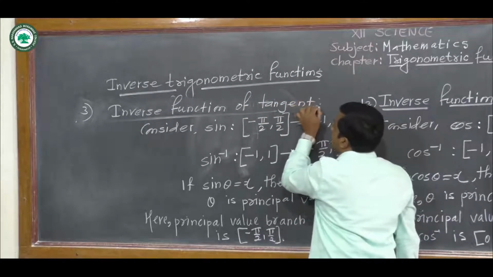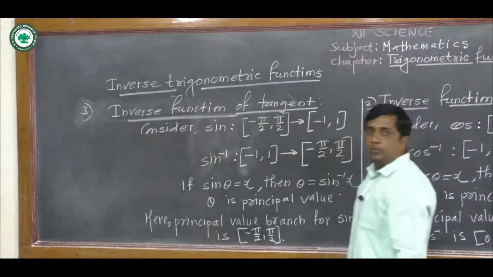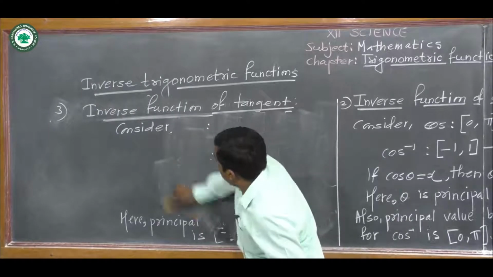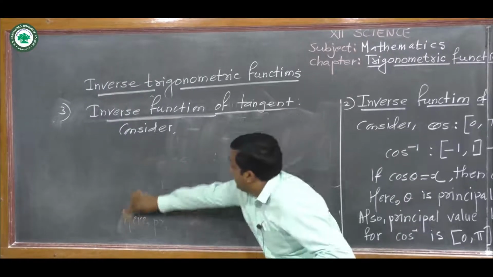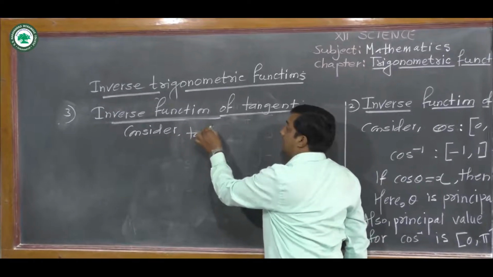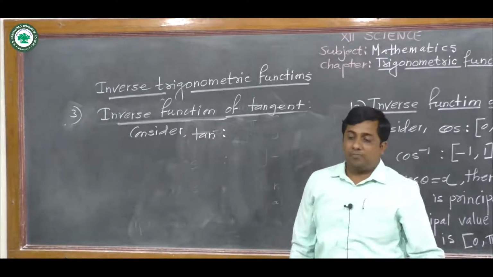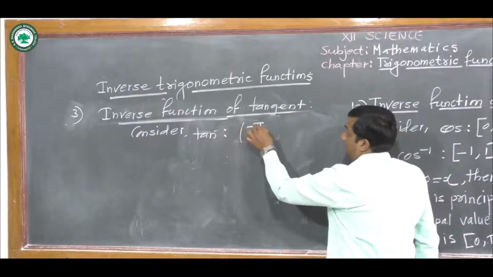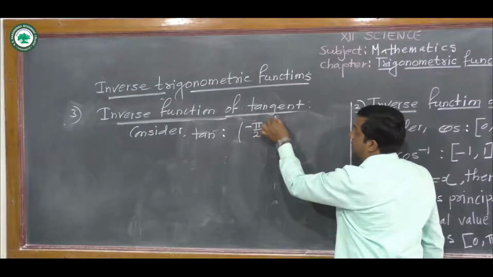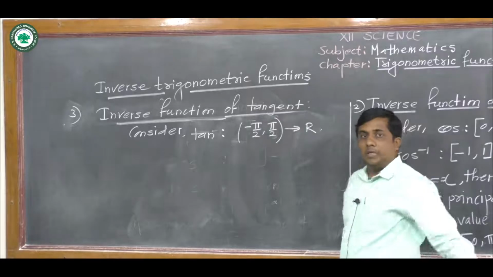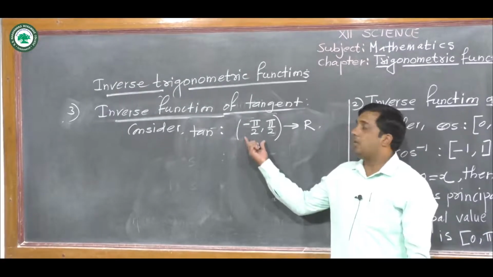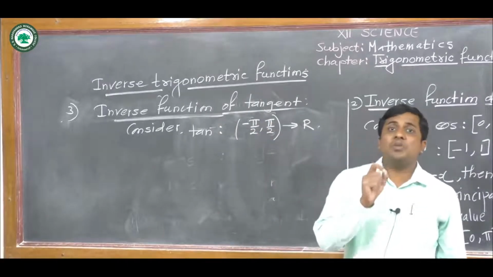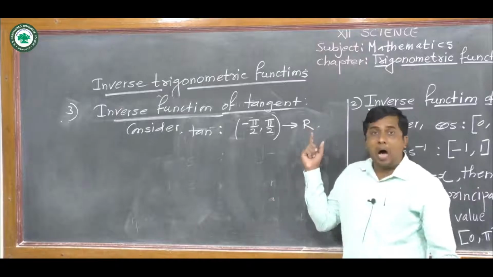Similarly, we consider the tan function, which is defined from the open interval minus pi by 2 to pi by 2 to R. The domain for the given function is the open interval minus pi by 2 to pi by 2, and the range is R.